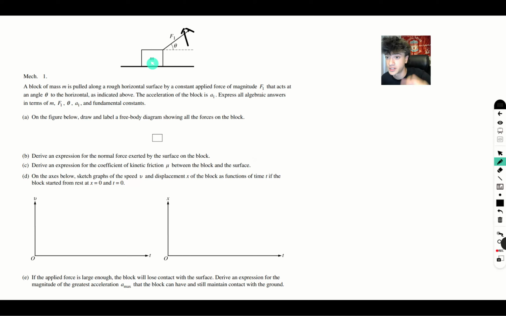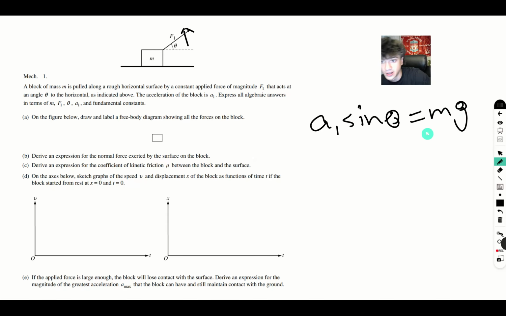So the largest it can be without the block lifting is equal to gravity. So we get a1 sine theta is equal to mg, and therefore the largest that a max is going to be able to be is mg over sine theta.